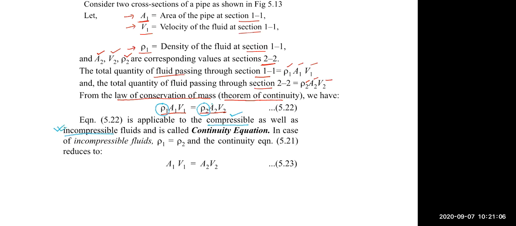So this continuity equation is applicable for compressible as well as incompressible fluids. In the case of incompressible fluid flow, rho 1 will be equal to rho 2, so we can cancel those two and we will get A1 V1 equals A2 V2.